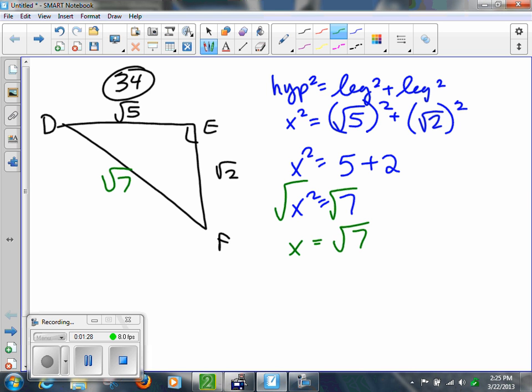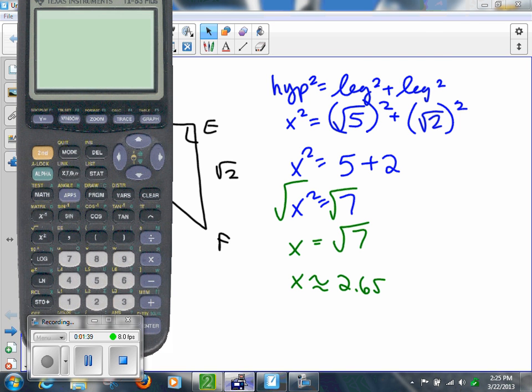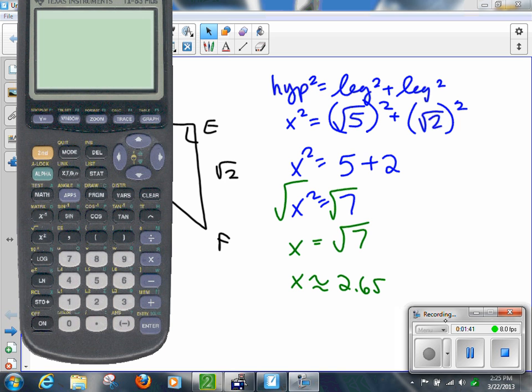No, I gave you approximately 2.65. In my opinion, if you are given two sides that are in radical form, then I would leave my third side in radical form.